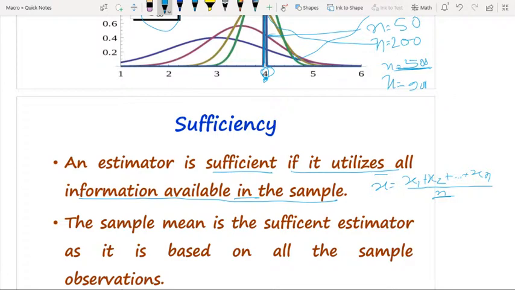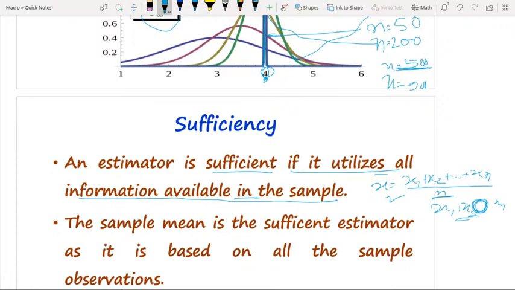That's why it's sufficient. Whereas the sample median doesn't utilize all the information as it is based on the item in the middle of the distribution only. So in this sense, the sample mean is sufficient as it is based on all observations, whereas the sample median is not sufficient.